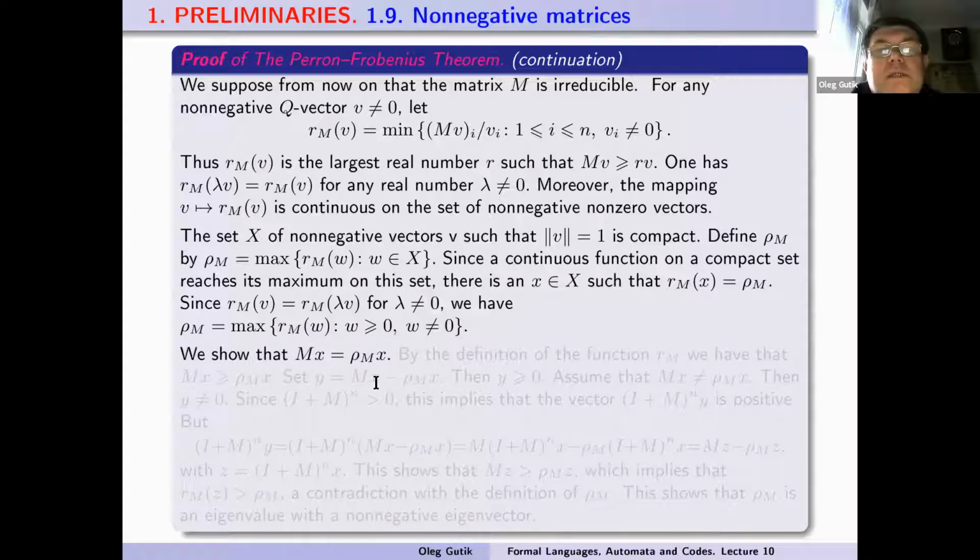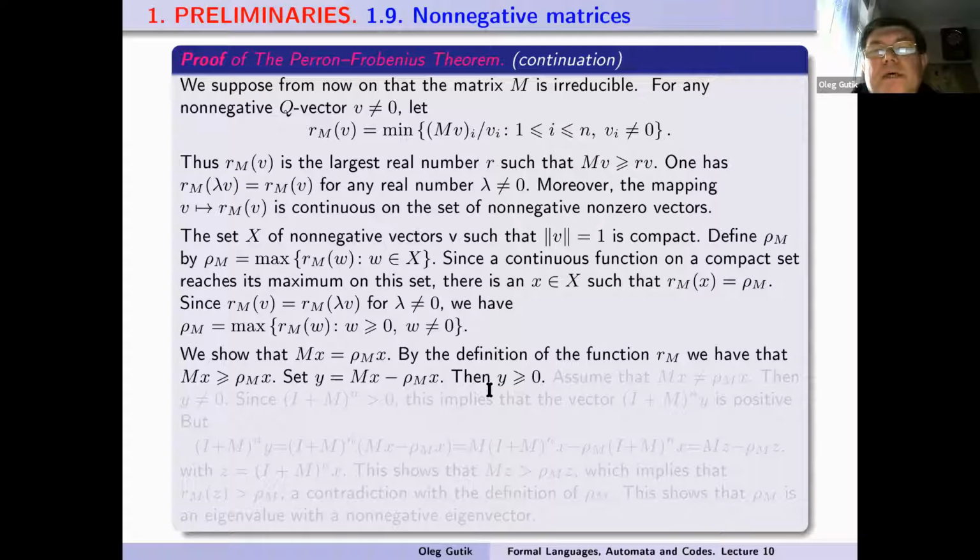We show that Mx is equal to rho M times x. By the definition of the function rho M, we have that Mx is greater than or equal to rho M times x. We put y equal to Mx minus rho M times x. Then we have that y is greater than or equal to 0.